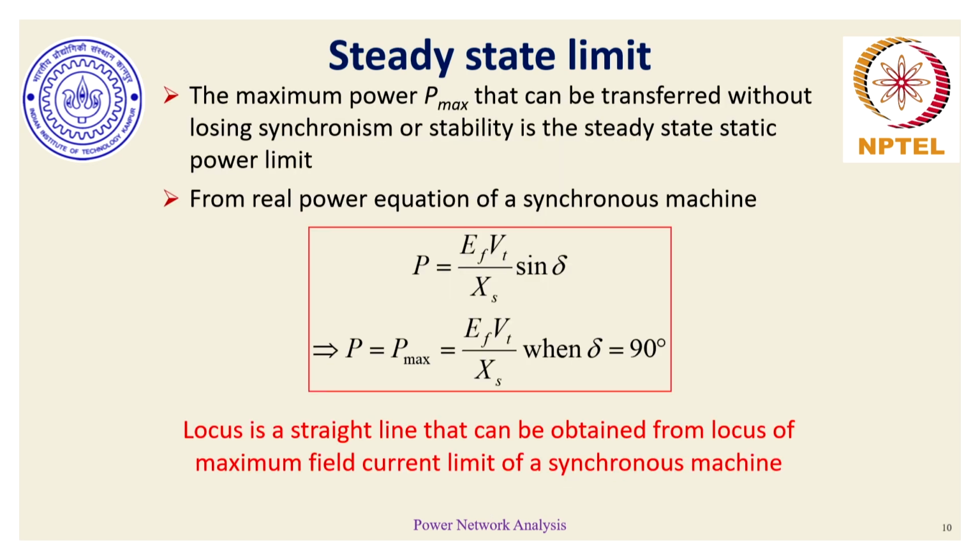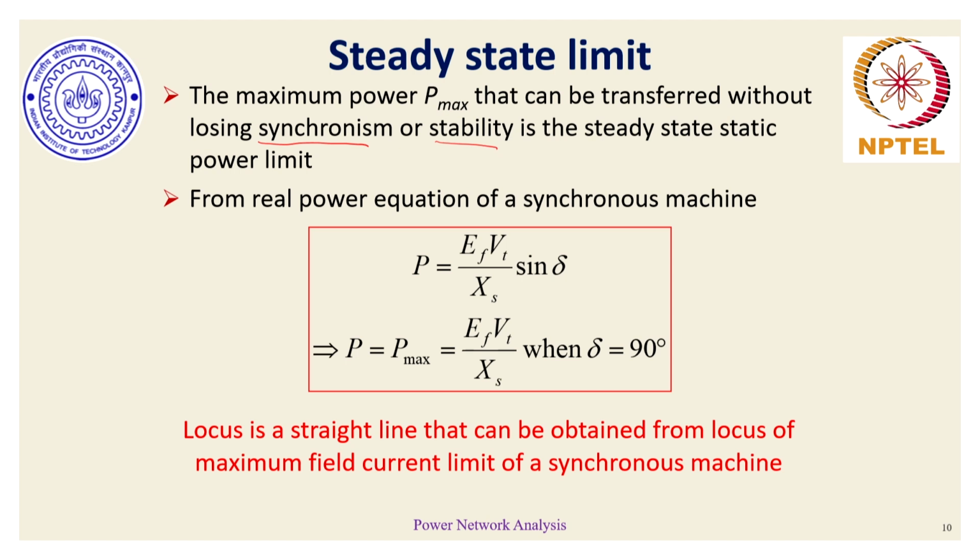And now if we look at the third constraint, which comes from the steady state limit, it was also talked about in the previous discussion that any operation of a synchronous machine with torque angle more than 90 degrees is a prohibited operation because the generator might lose its synchronism. It's a stability concern which we will discuss at length in the last module.